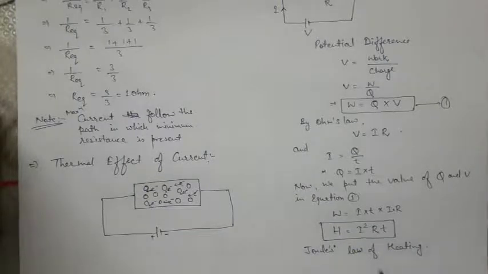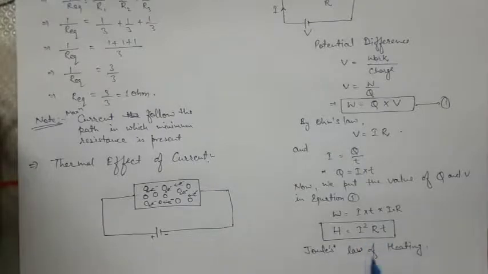The statement of Joule's law of heating is that the generated heat depends on the current I, resistance R, and the time T.